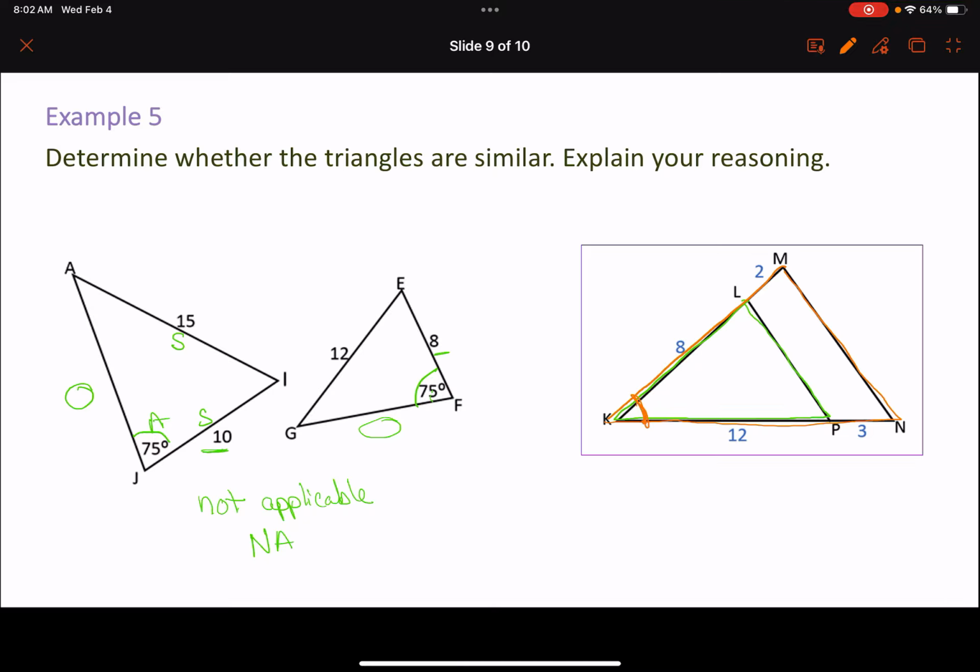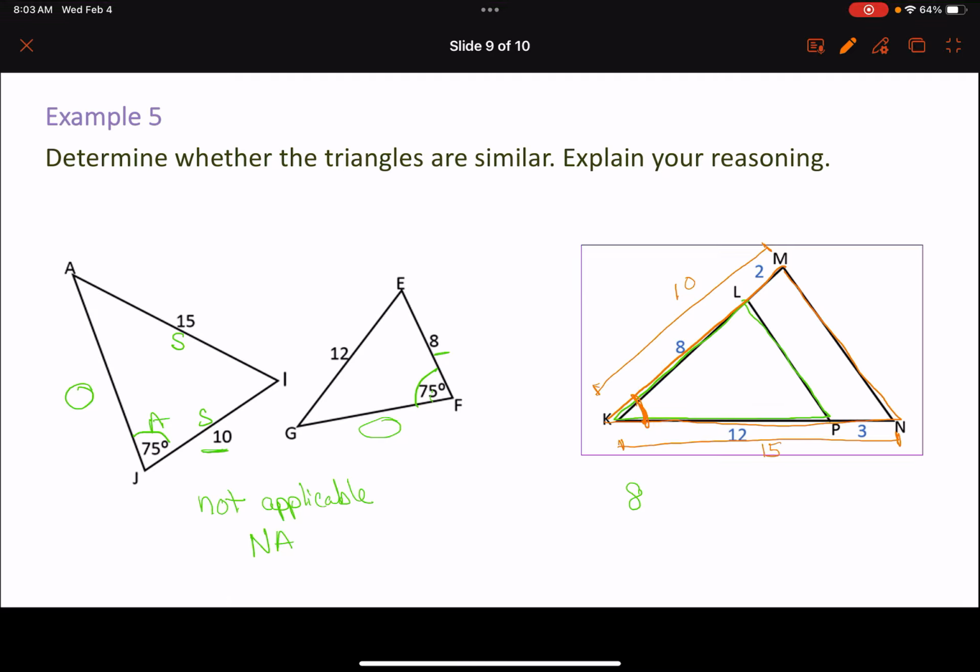And we do see the two sides that help make that angle in both triangles. So now we know that we could be working with side-angle-side. The green triangle has a side that is 8, but the orange triangle has a side that is a total of 10. And a second side, KN, that is a total of 15.